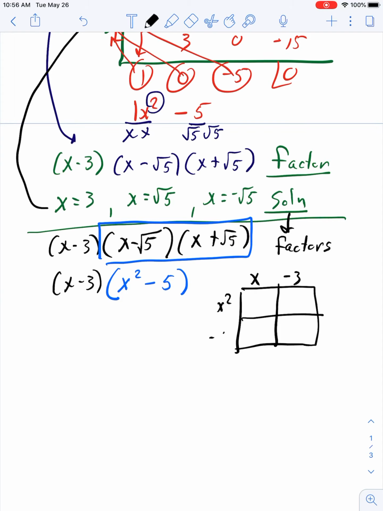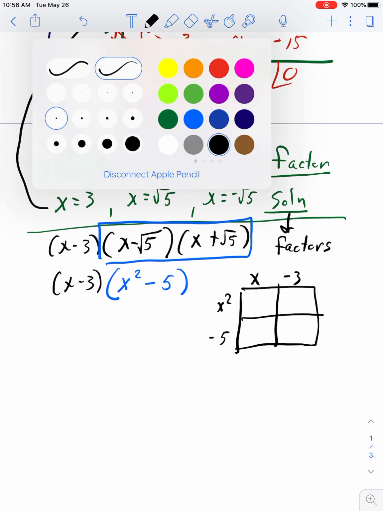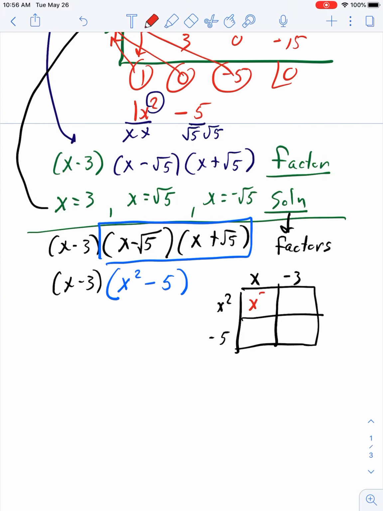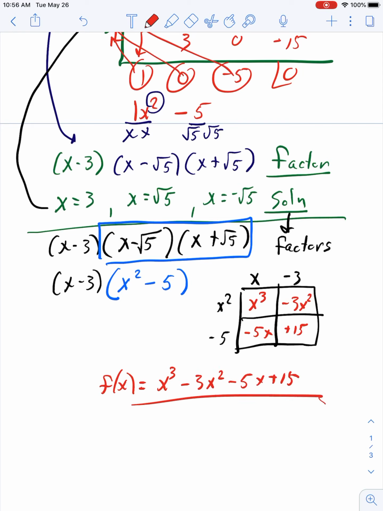So I have x minus 3, x squared minus 5. So this gives us x cubed minus 3x squared minus 5x plus 15. And what you have now is your function, f of x, x cubed minus 3x squared minus 5x plus 15.